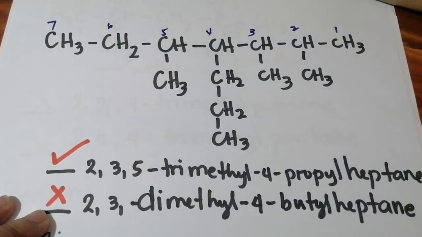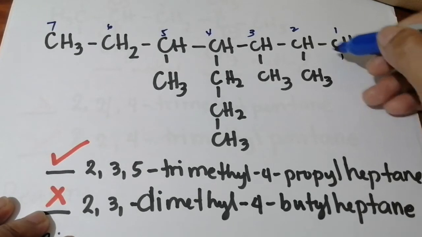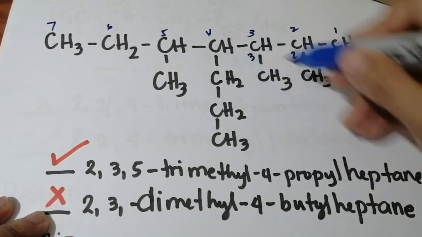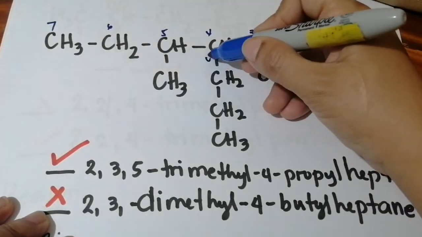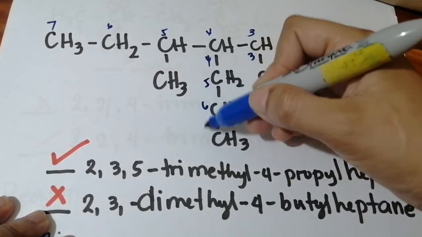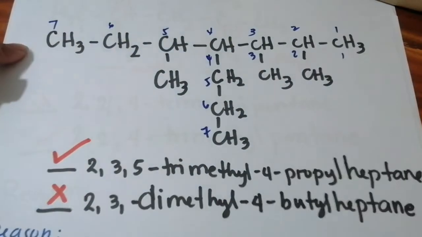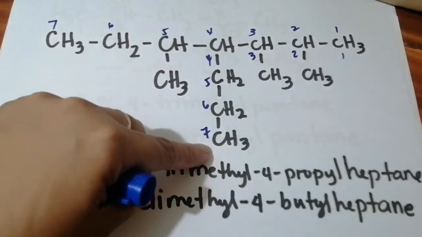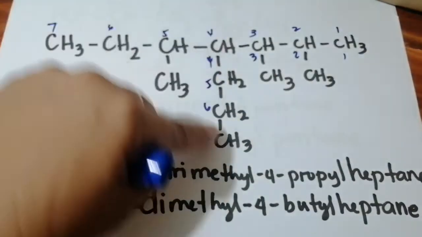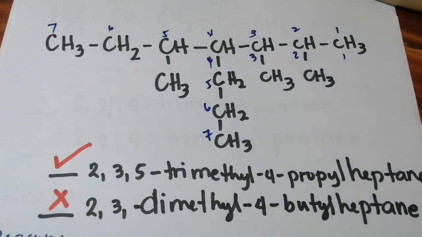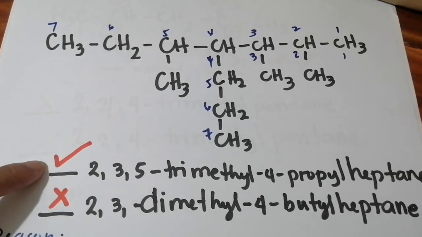It's heptane. Or we can also start from 1, 2, 3, 4, 5, 6, 7. So even if we start from here to there, it's 7. Over there, until there, it's still 7. That's why it's heptane.